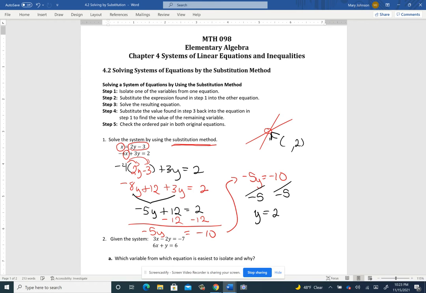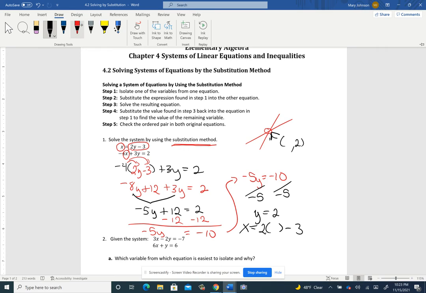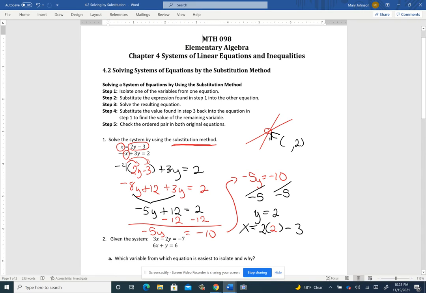So what I'm going to do is go back to the equation x equals 2y minus 3, and right where that y used to be, I'm going to now replace it with 2. So I wind up getting that x would be 4 minus 3, or 1. All right, so I think the x is 1 and the y is 2.